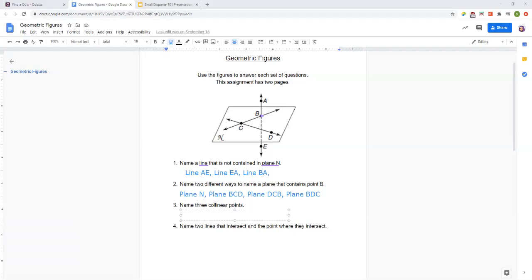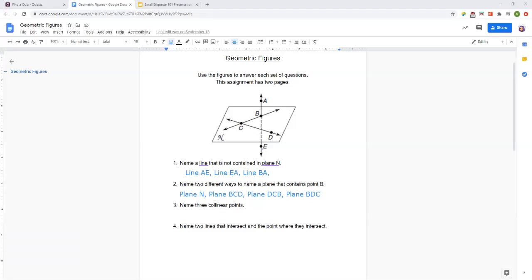So if we look at this line here, we have B and we have C. There's no other points on this line, so we can't use that line to find our 3 collinear points. So we look at this line, we only have C and D. So that's not going to work either. There's only 2 points.